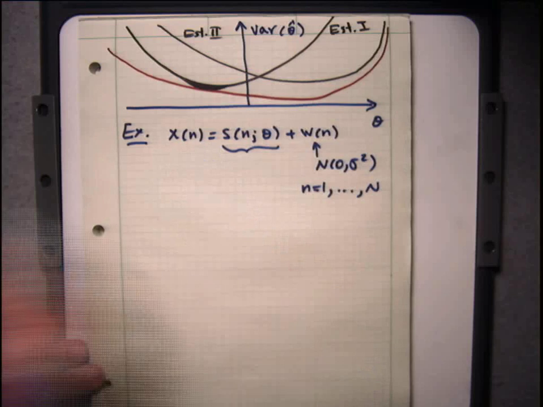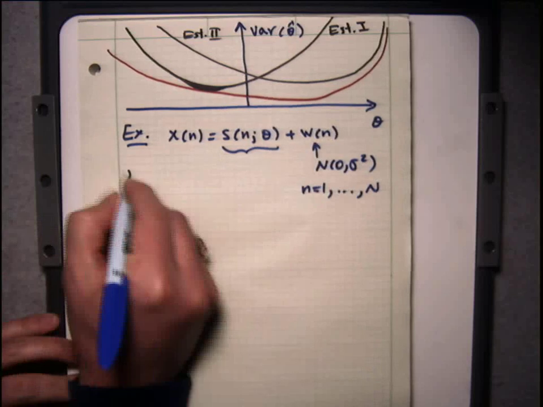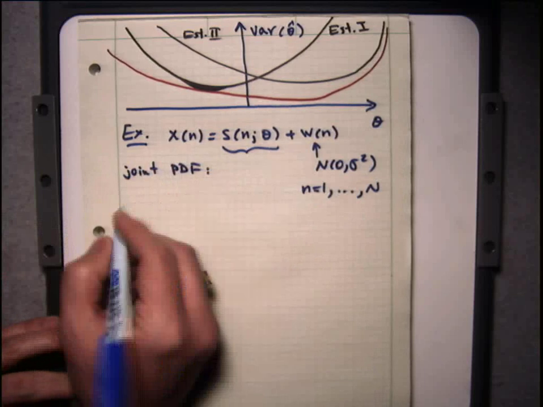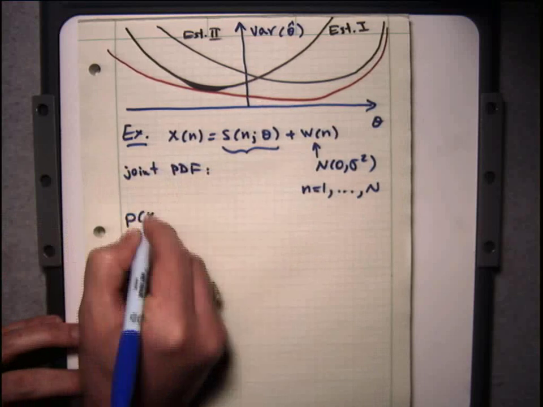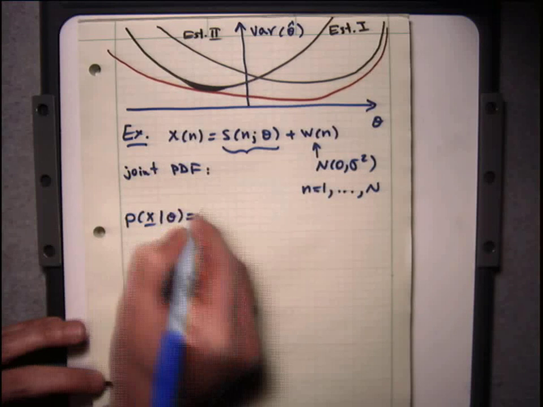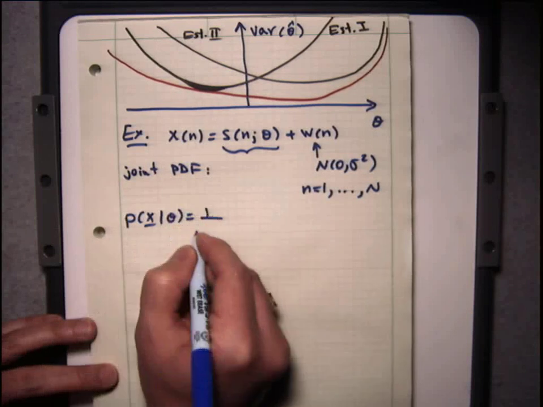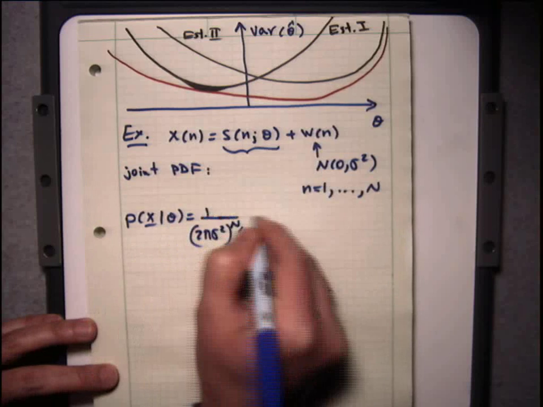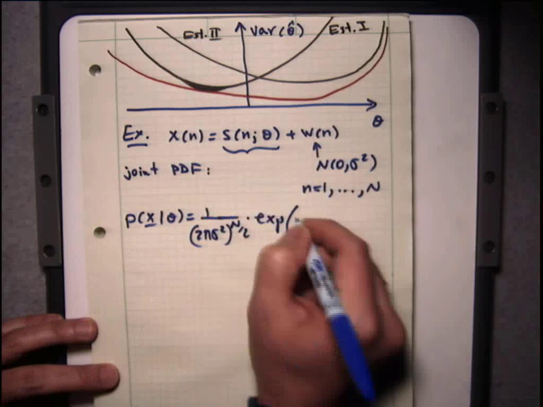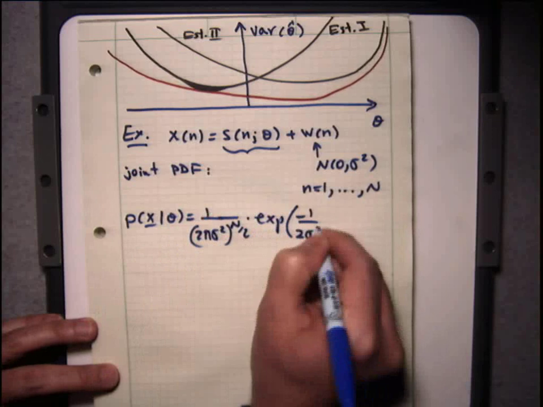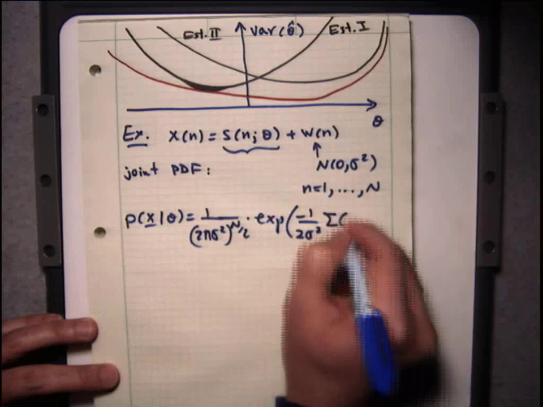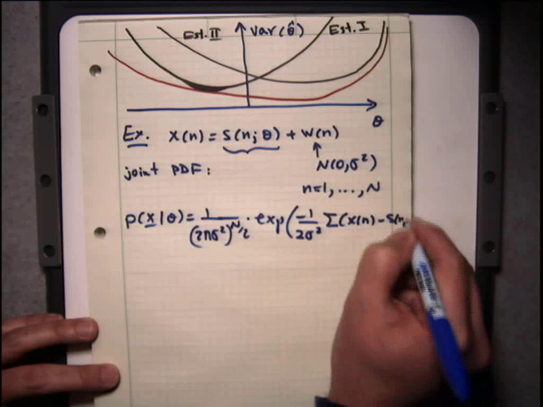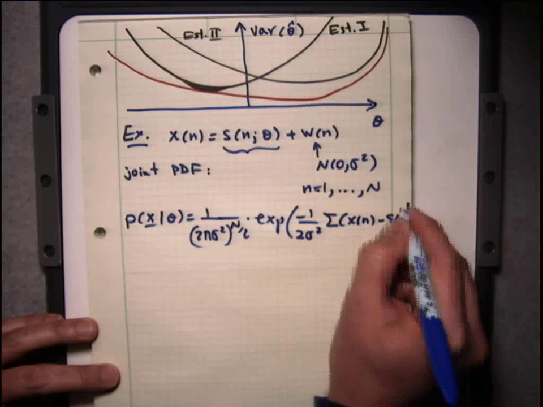Okay, so again, we write the joint PDF. And what we get is the following: 1 over 2 pi sigma squared to the n over 2 times exponential of minus 1 over 2 sigma squared times the sum over n of x of n minus s of n, theta, squared.